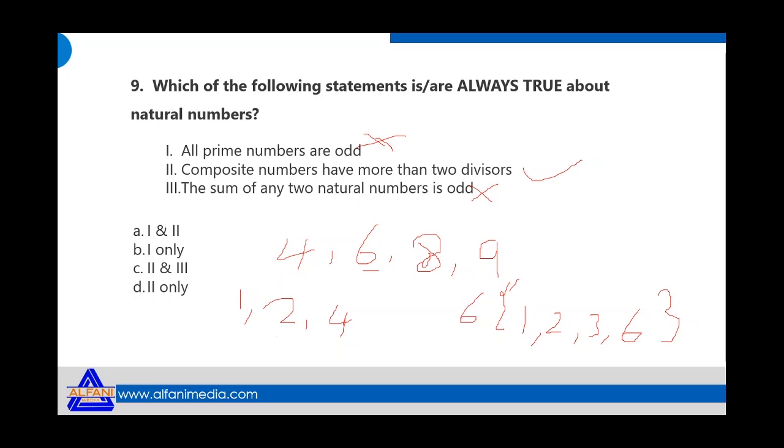These are composite numbers. And then when we take 8, for example, we'll have 1, 2, 4, and 8 itself. So these are composite numbers, and we can have as many as them. Please don't mind my handwriting here. I wanted it to be closer to you guys.